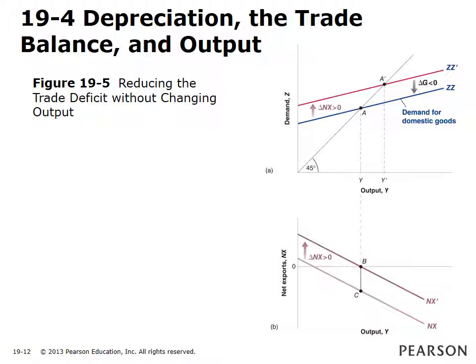The trade deficit decreases from BC to the amount given by the line INX prime corresponding to the higher output Y prime. If the government wants to keep output at its natural level as before, it should decrease G to shift demand back to ZZ. This way, output will return to the natural level and the trade balance will be better. It will go from a trade deficit to a trade balance of 0.